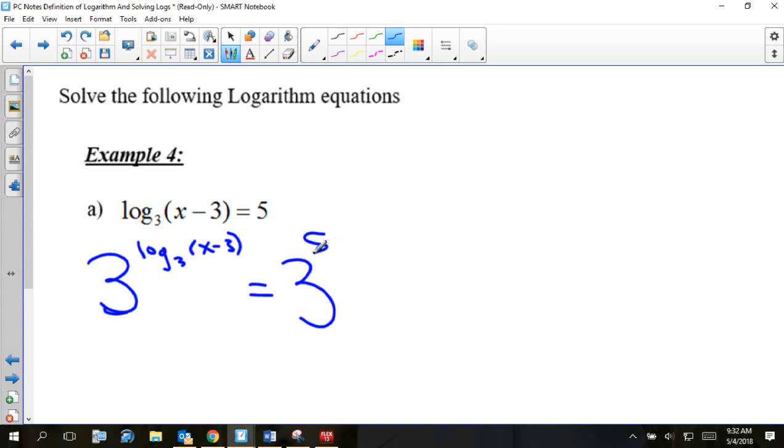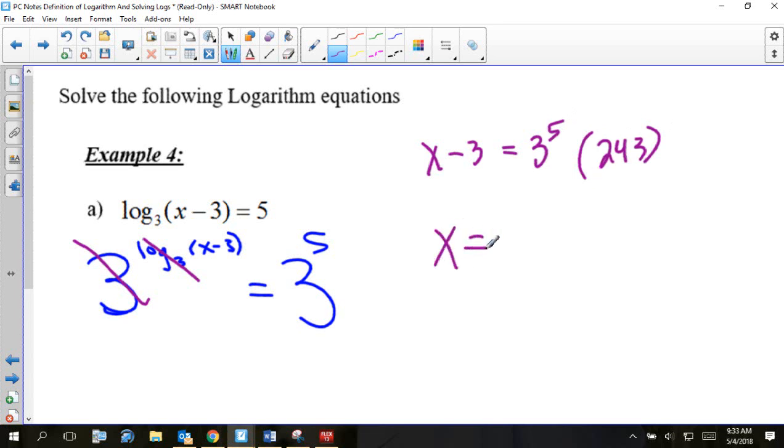You have to do it to both sides. We get those to cancel, and I have x minus 3 equals 3 to the 5th. 3 to the 5th is 243, by the way. So x equals 246.